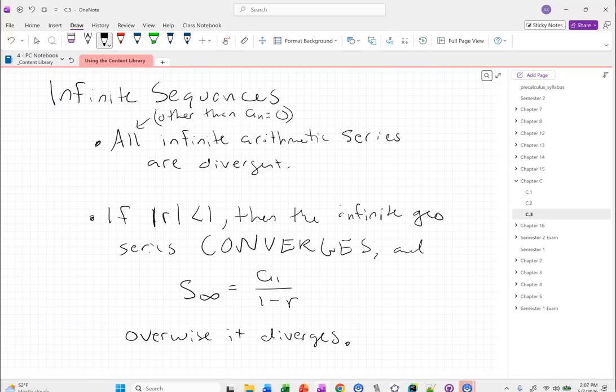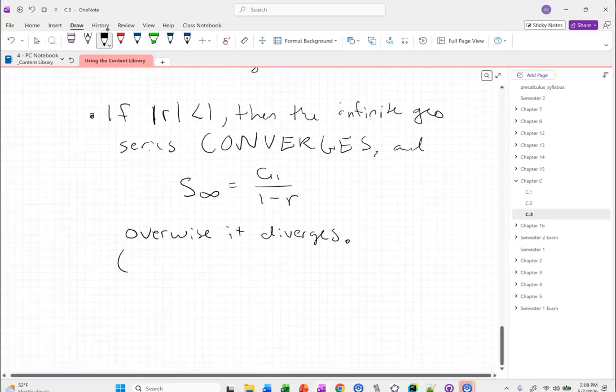The formula for calculating that is just the first term divided by 1 minus r. Really easy formula, right? If that absolute value of r is greater than or equal to 1, then it's divergent. We don't have to deal with it. We just say that it's divergent and move on about our day.